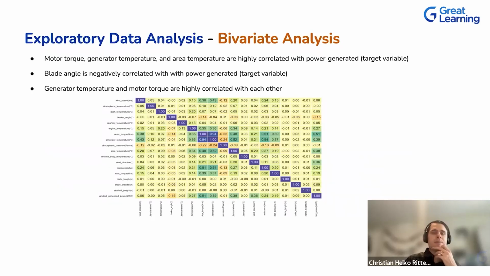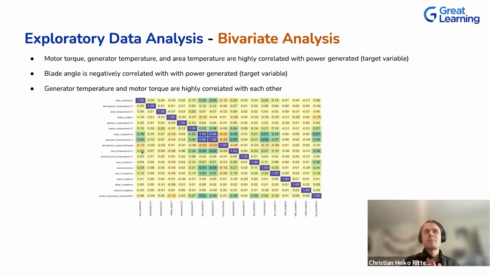Then we have the bivariate analysis, where we look at the correlations between the different variables. Here you have this very colorful matrix where up here you have all our variables, and here you have the same variables again. All the numbers in those boxes are linear correlation factors.